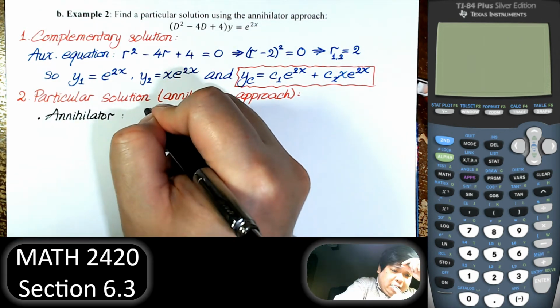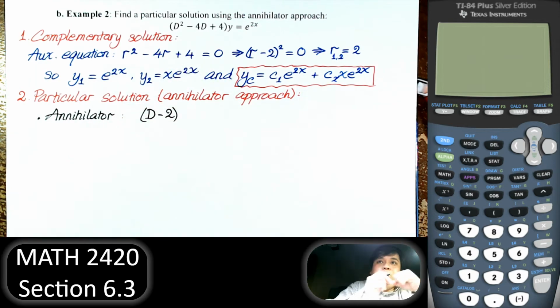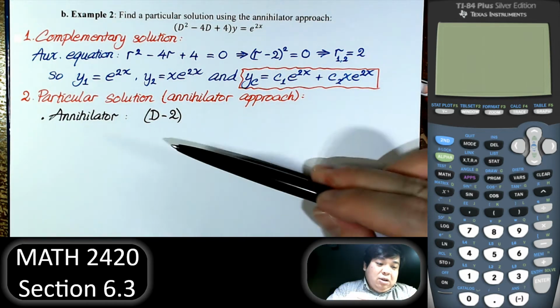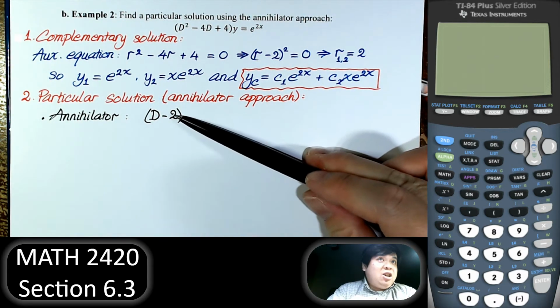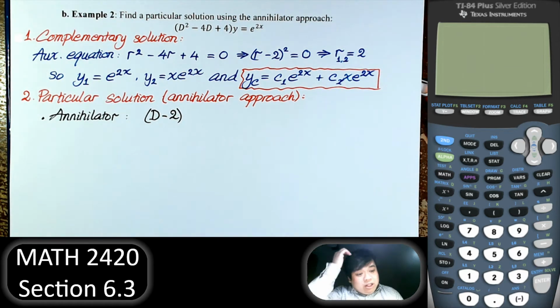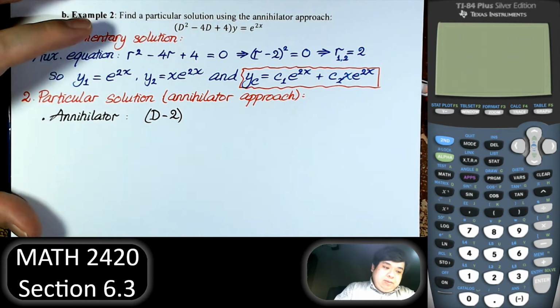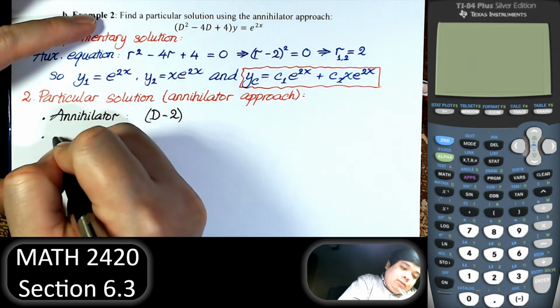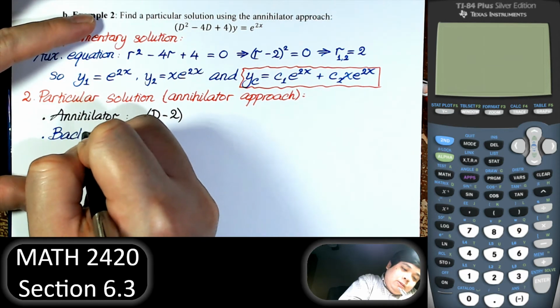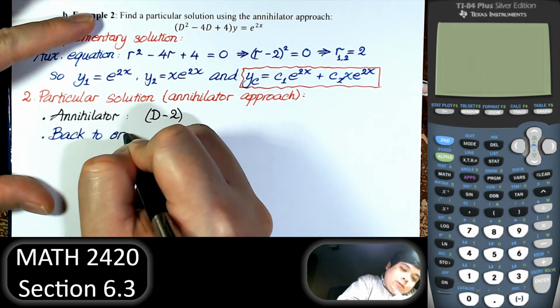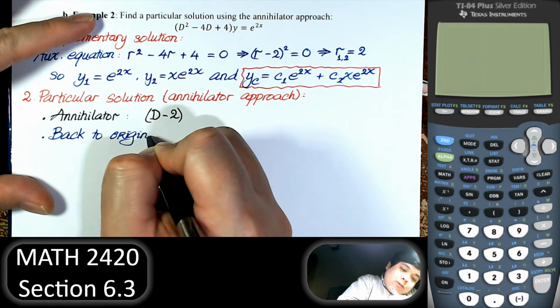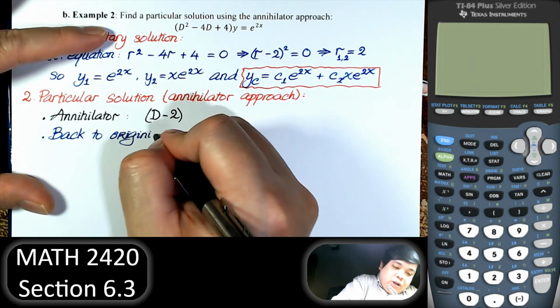And of course if the annihilator is D minus 2, then the particular form, if we use that, is not going to work. You will see why it's not going to work. Now we'll go back to the original equation.